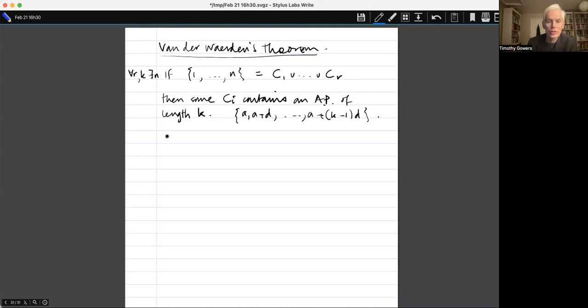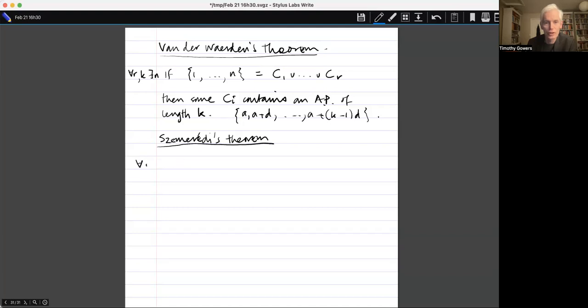Okay, now Szemerédi's theorem is a rather far-reaching generalization. And it says the following.